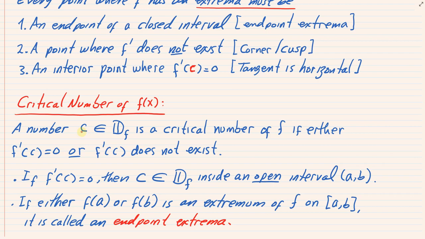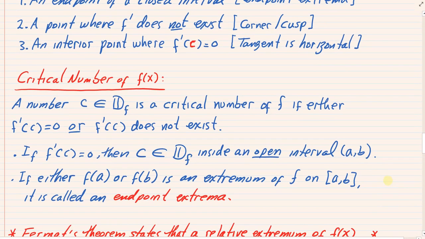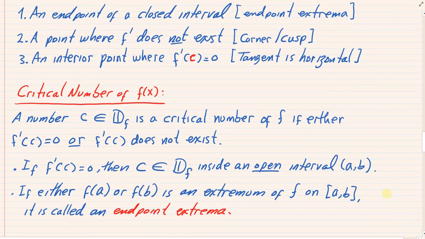Now, if f prime at c is 0, then c is inside an open interval inside the domain. And if either f at a or b, the endpoints of a closed interval, is an extrema, then we call them endpoint extrema.